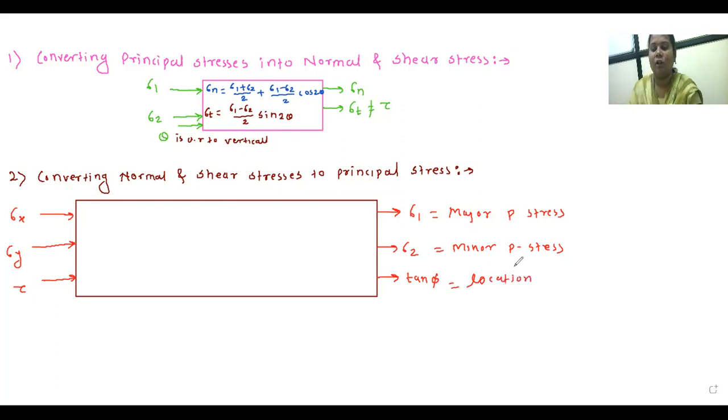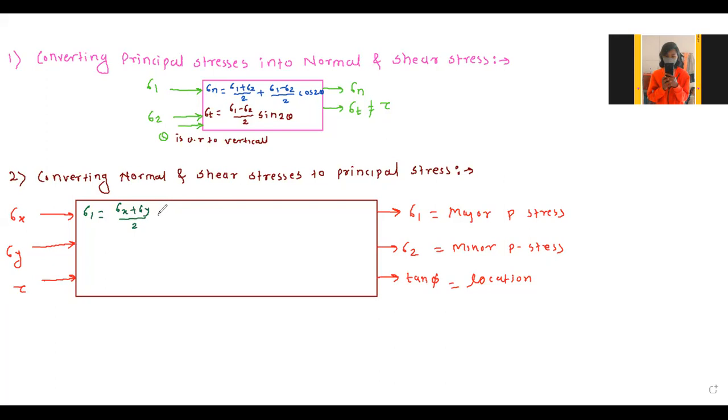For that particular condition, which equations did we use? Sigma 1, sigma 2, tan 2 theta, and tau maximum. Yes, sigma 1 is equal to (sigma x plus sigma y) divided by 2 plus the square root of ((sigma x minus sigma y) divided by 2) squared plus tau squared.